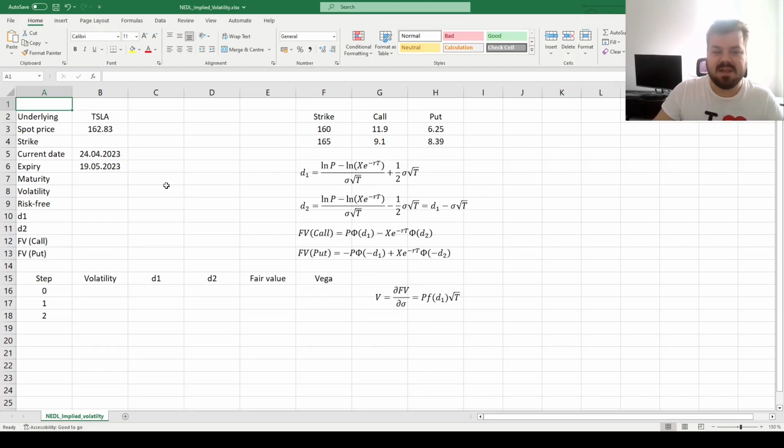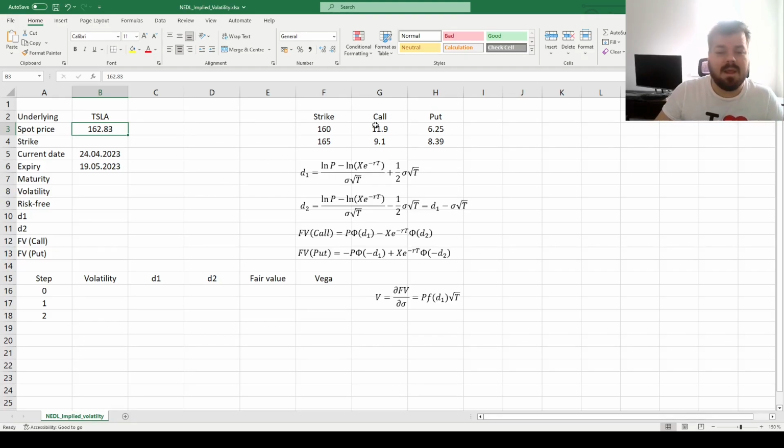And today we'll investigate the example of Tesla, and it is currently, as of the 24th of April 2023, trading at $162.83 per share. We have also got some data on option prices based on the strikes that are quite close to the price of the underlying, so strikes that are close to being at the money.